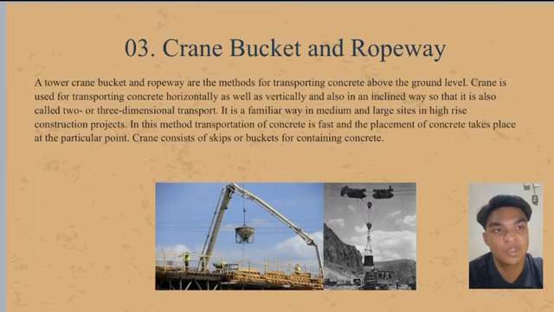It is a familiar way in medium and large sites in high-rise construction projects. In this method, transportation of concrete is fast and the placement of concrete takes place at a particular point. Crane consists of skips or buckets for containing concrete.